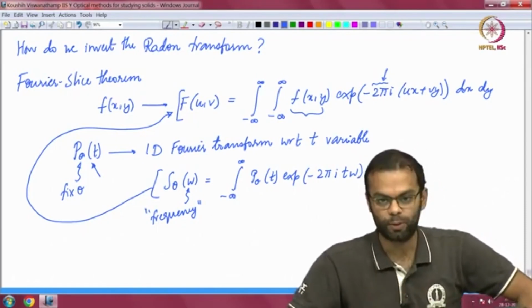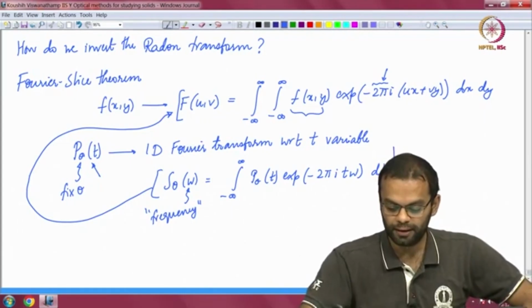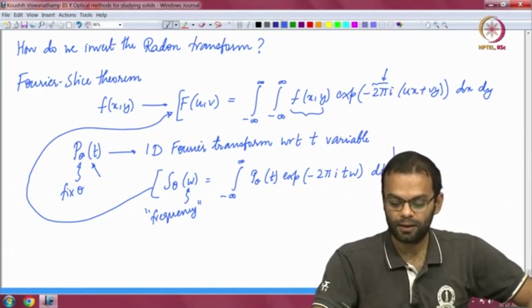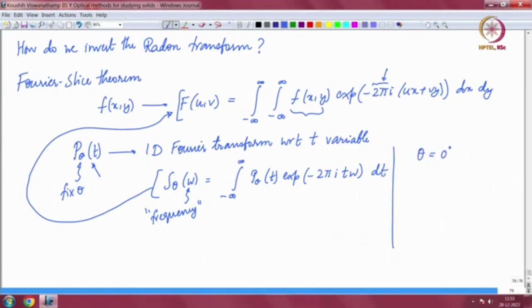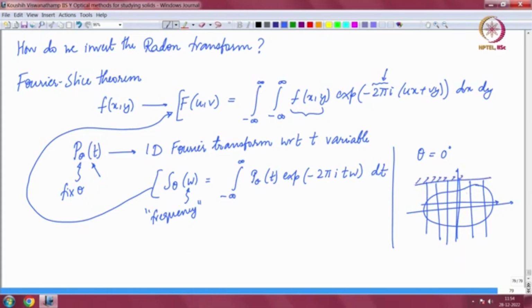Now, how this is related is what we will work out now. To do that, let us take the simpler case of theta equal to 0. Okay. Now, if theta equal to 0 degrees, then basically this is your object, this is your x axis, this is your y axis, you are basically measuring along this, because remember the normal direction was what we used to set the value of theta, right, the normal vector.